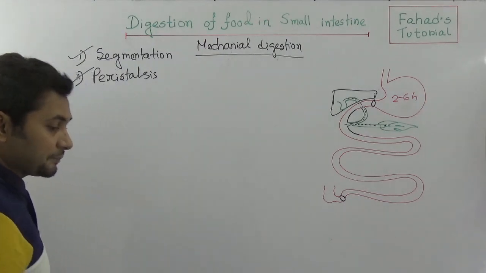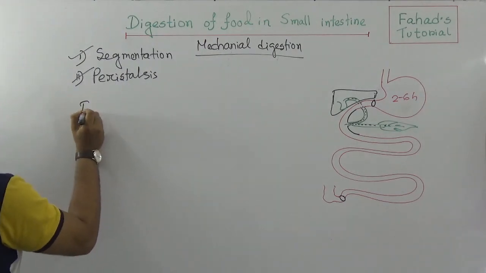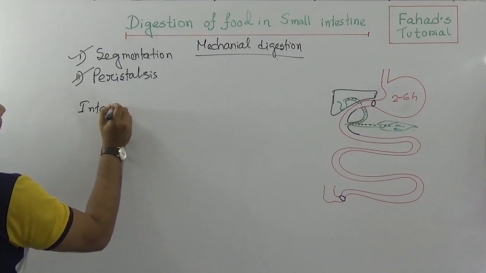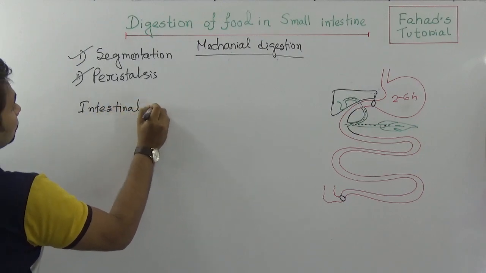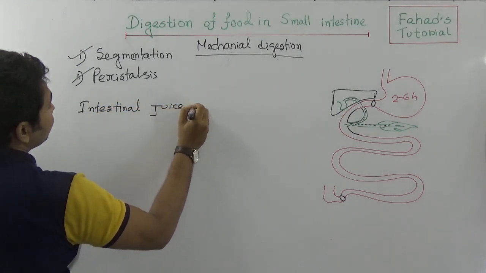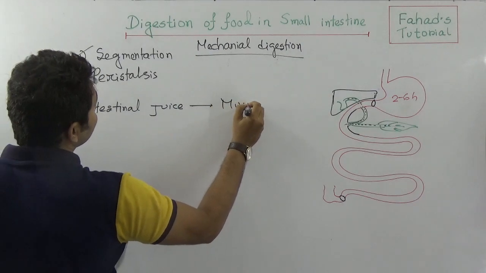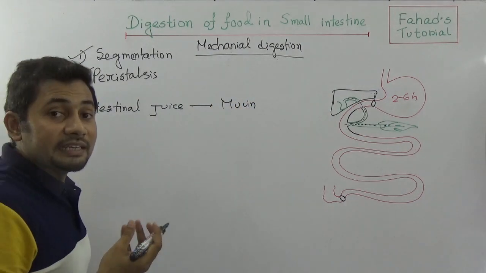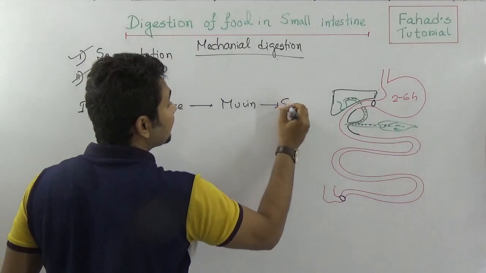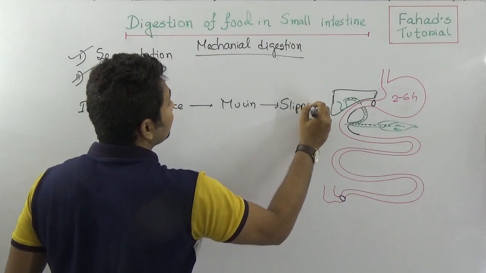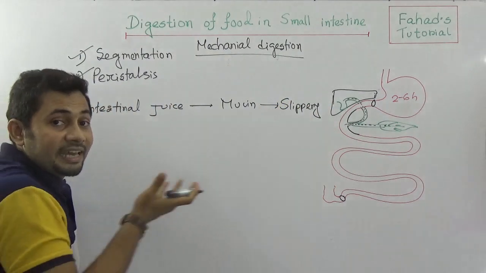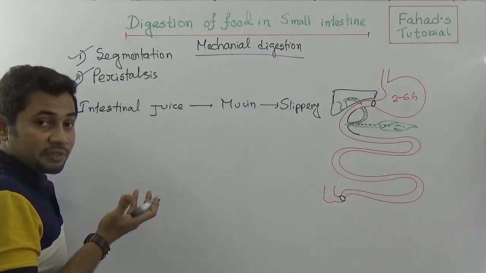What's going on next? Intestinal juice secretes mucin, which makes the food slippery so it can move inside the small intestine.